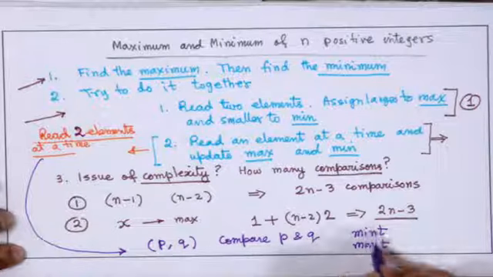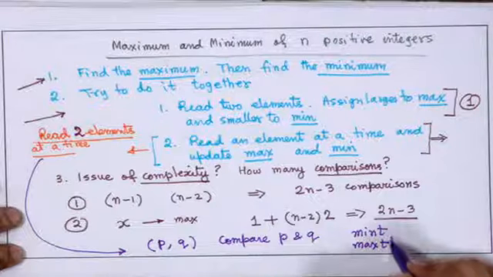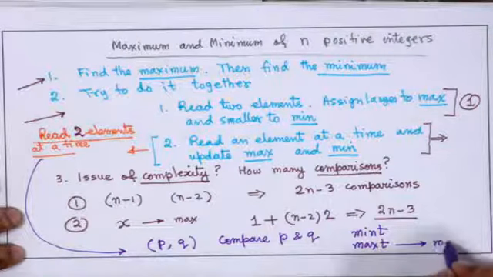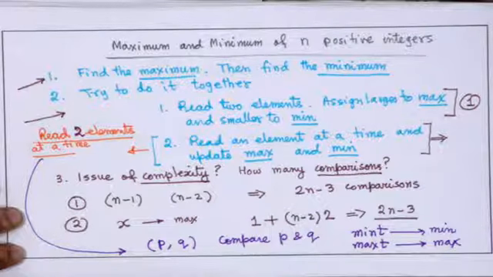One comparison to find which is the temporary minimum and maximum, and then you compare max temp with max and min temp with min. So, in 3 comparisons, you are going to tackle 2 elements.